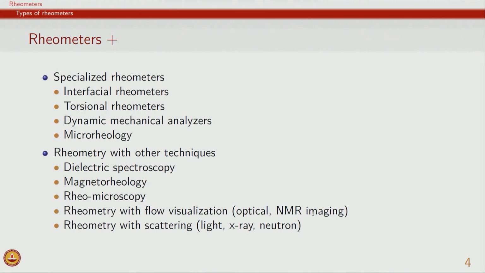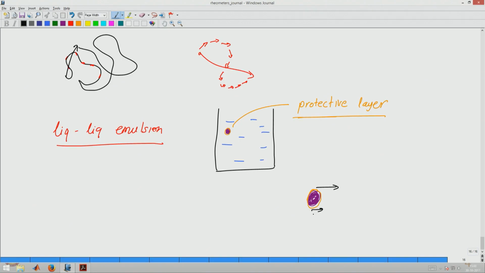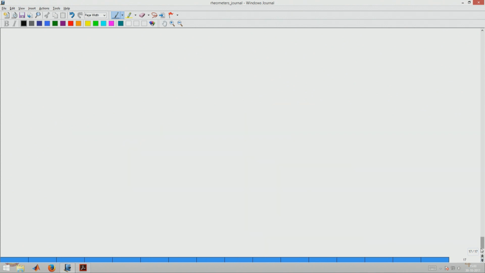And then another important aspect of rheometry in the last 5-10 years has been that we do not assume the flow, we actually examine the flow that is happening. For instance, we have always been saying that if you take the fluid between two parallel plates, and the top plate is moving at a certain velocity, we will have a linear velocity profile.